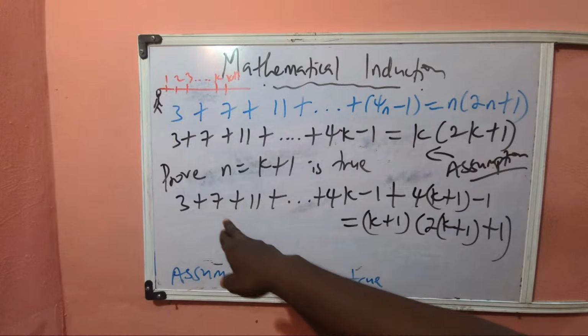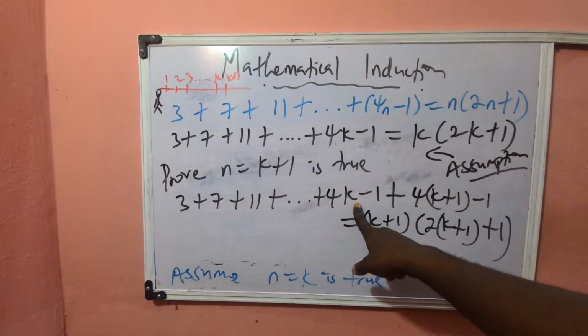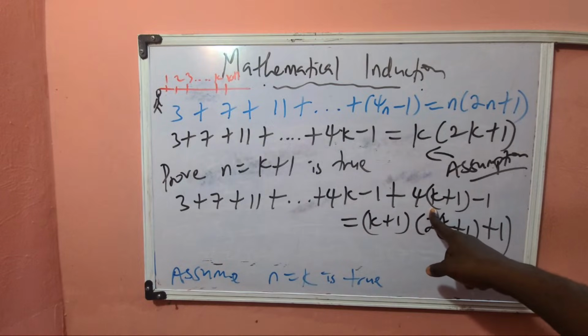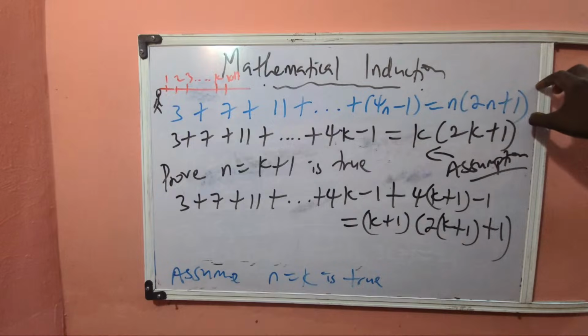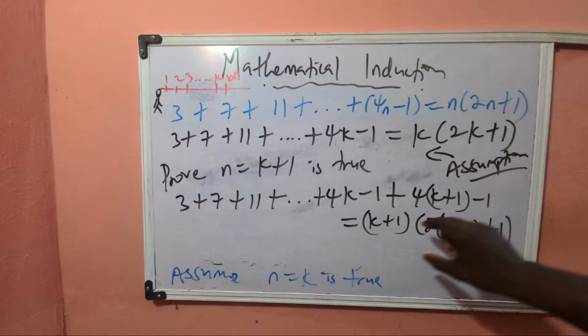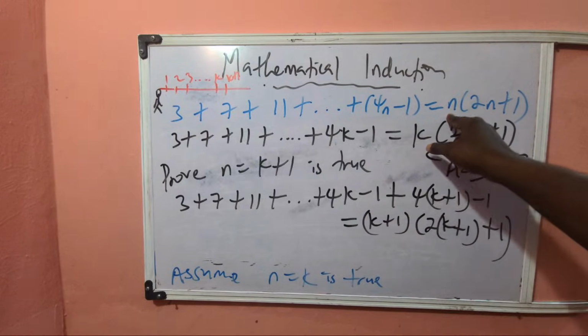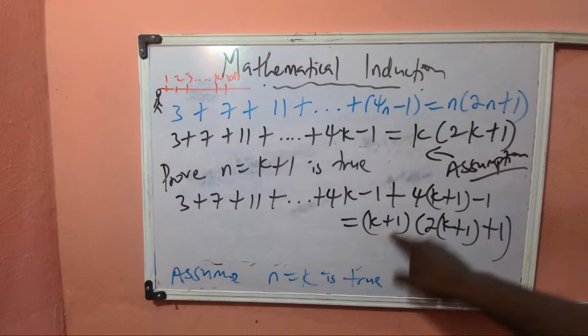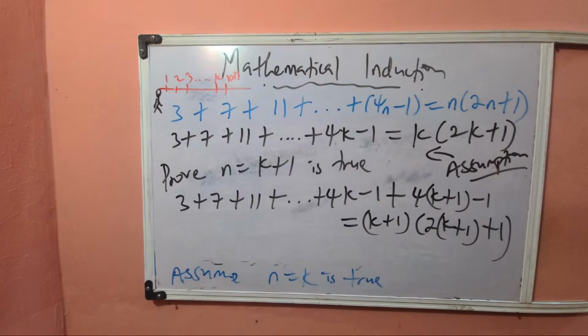That means you were adding first one, second one, third one, to the kth one, then you added the k plus 1, then the answer should give you what this expression said. This expression is the expression for the sum. So if this was the case, then n is now k plus 1, that's k plus 1, 2 into bracket k plus 1, then plus 1. Please, can you guys indicate if you are following me? If you are truly following.